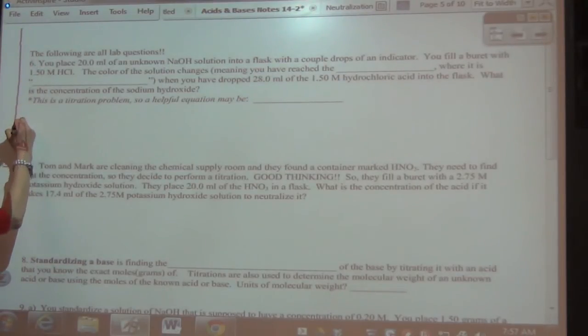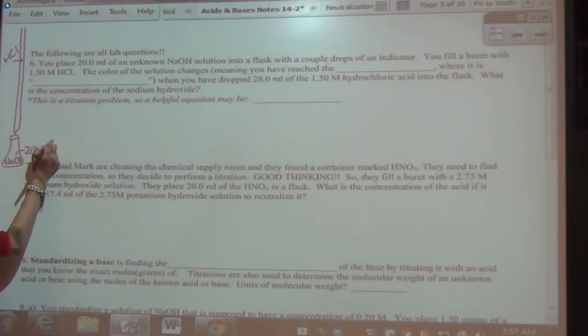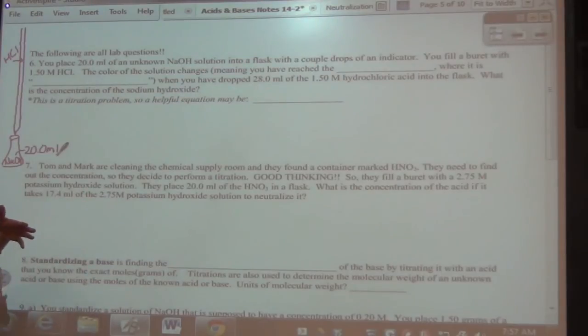Then you have a burette, and inside of your burette, you have HCl. Okay, and so what you're going to do is drop the HCl down in. It says you place 20 mils of the NaOH into the flask. And then you just fill this with HCl. And you're going to start titrating, and you want to check to see when it ends up changing colors.